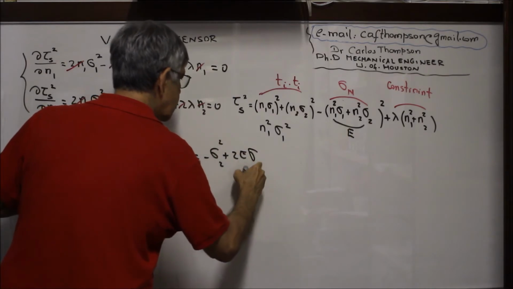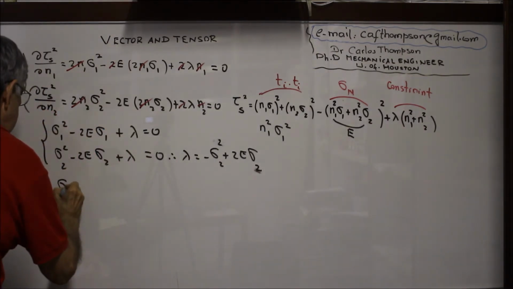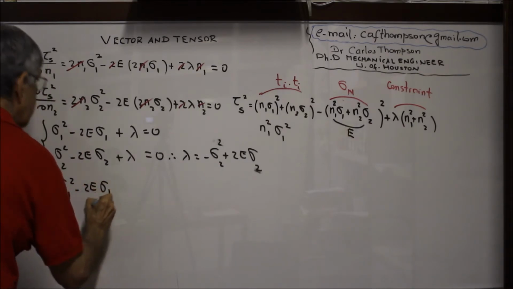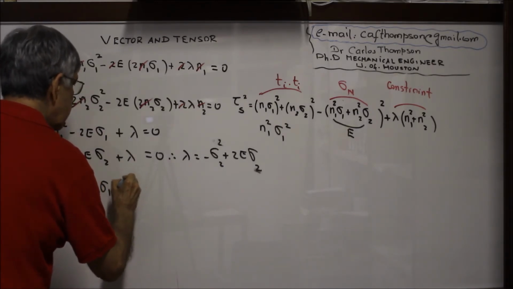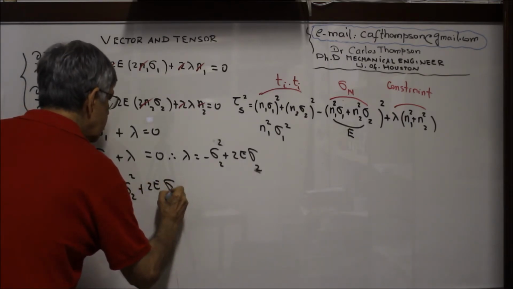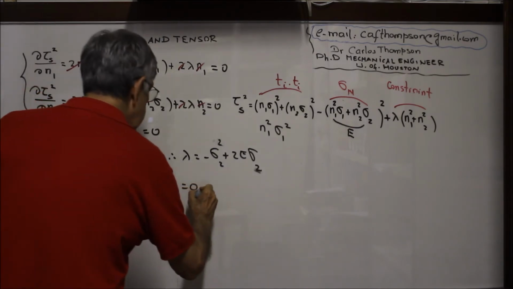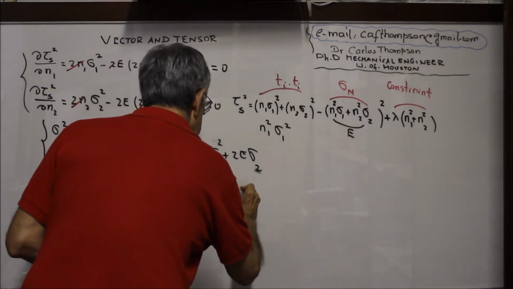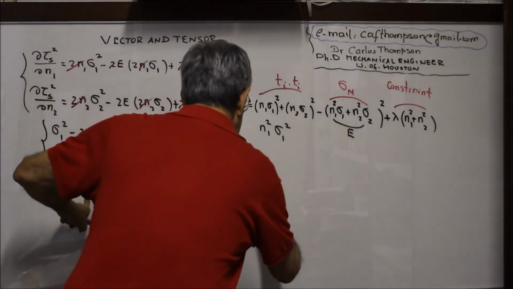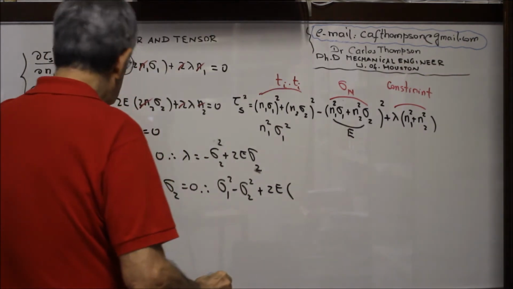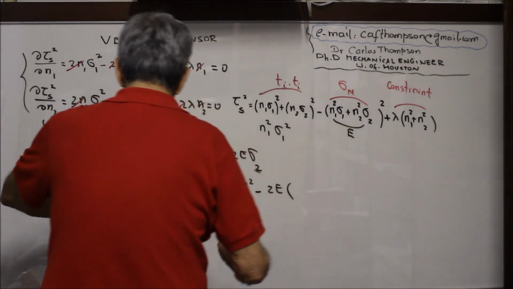Let's substitute on the first relation: sigma 1 square minus 2e sigma 1 plus lambda, which is minus sigma 2 square plus 2e sigma 2, equal 0. Now I can write this as sigma 1 square minus sigma 2 square, plus 2e times minus (sigma 1 minus sigma 2).